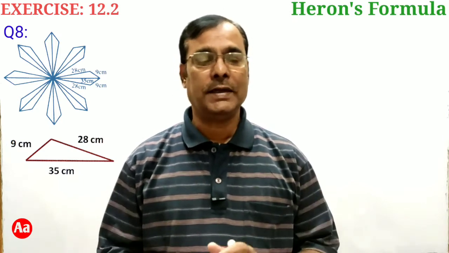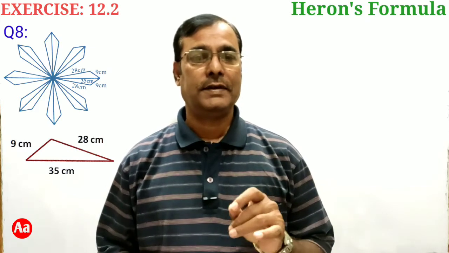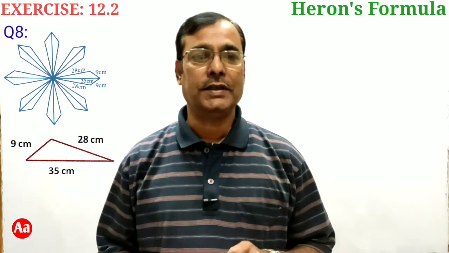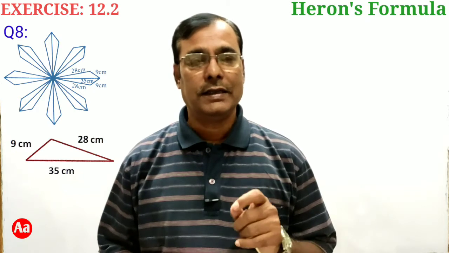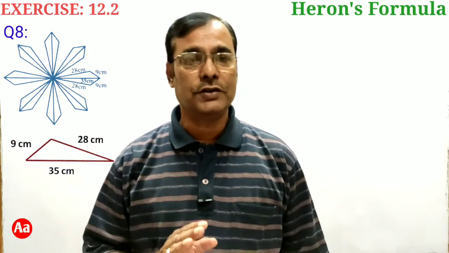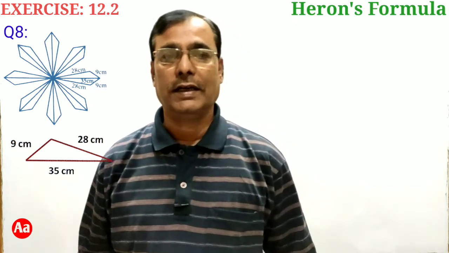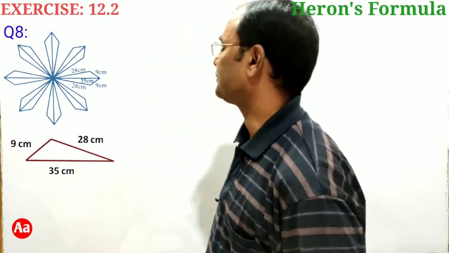So let's first find the area of a triangular tile of 3 sides, 9 centimeter, 28 centimeter and 35 centimeter. We are going to use Heron's formula to find the area of one triangular tile in the floral design.